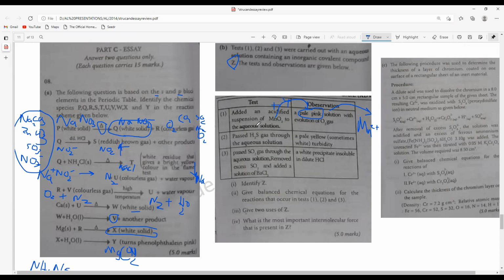So there should be something in Z that is oxidizing to O2, right? That is oxidizing to O2. This is 0. Okay. Can you tell me what is normally oxidizing to O2 in a solution?